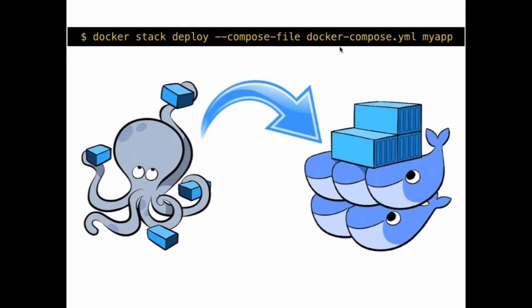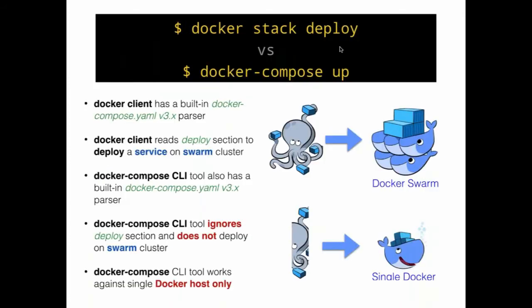Pass the Compose file, provide any name you like, my app, and suddenly your application is deployed and connected in separate networks. Each service is automatically discoverable, and each service runs a number of replicas as you want. So it's just one command. Pretty easy.